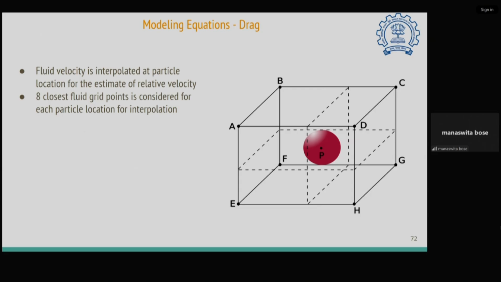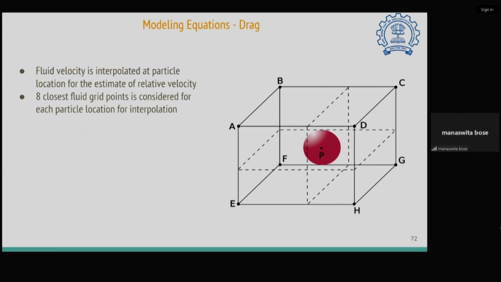Now, when the drag on the fluid is calculated in the same fluid volume, the drag force is again interpolated or summed back, averaged back on the fluid grid cell. So that one has to remember, and typically 8 closest fluid grids are considered for each particle location for the interpolation.